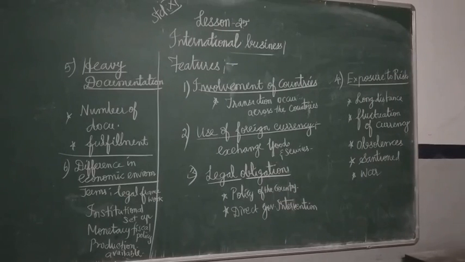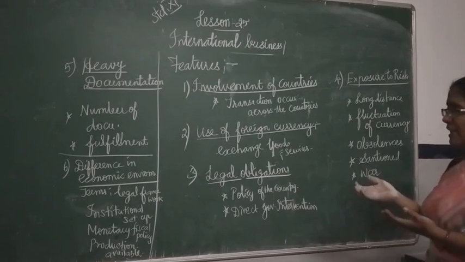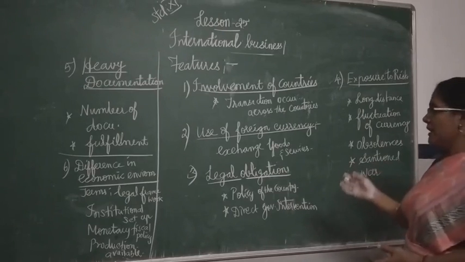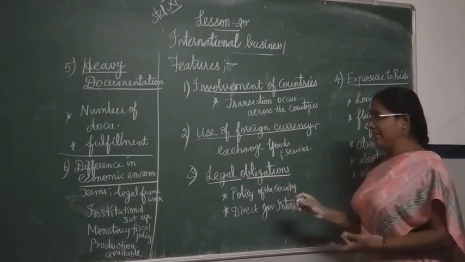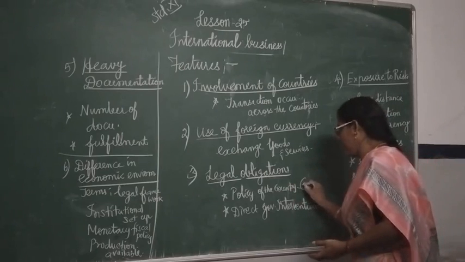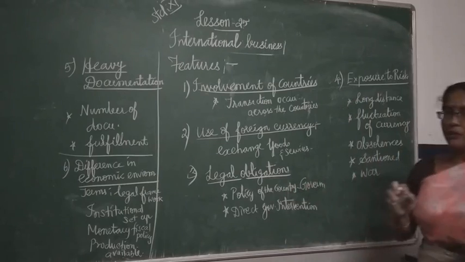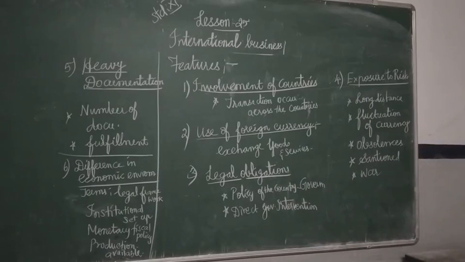Whether certain goods are eligible to be exported or imported, they have to get consent from the concerned government. Otherwise, those goods will not be exported or imported. So government intervention is there in international business.